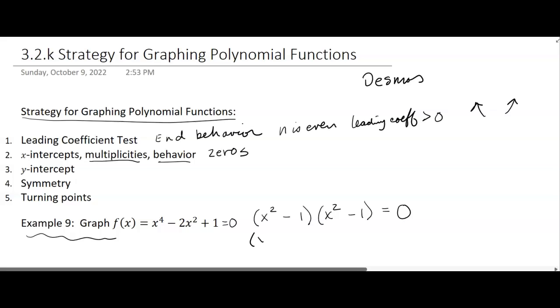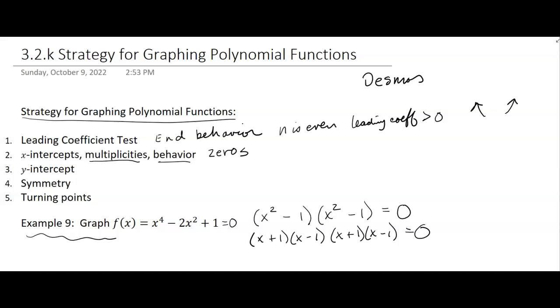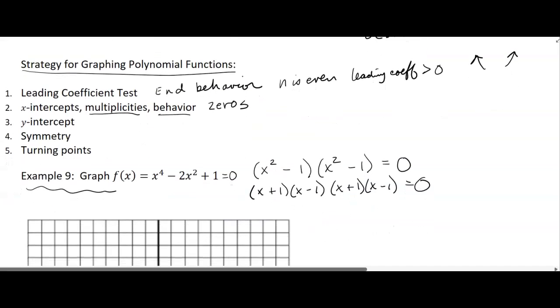Those are the difference of squares, so I get x plus 1, x minus 1, x plus 1, x minus 1. Now, if I really want to talk about multiplicities and behavior, then I'm going to say it's x plus 1 squared and x minus 1 squared.